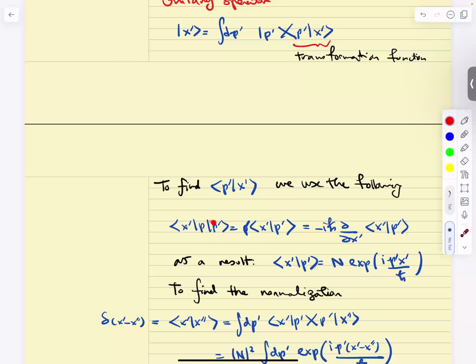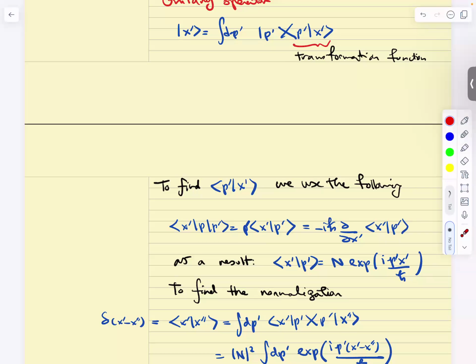But this is a Hermitian operator, so I could alternatively act with it on this guy. That will give me minus i h bar del X prime of the same guy. So now I have a differential equation, right? P prime of X prime P prime is minus i h bar del X prime of the same thing.